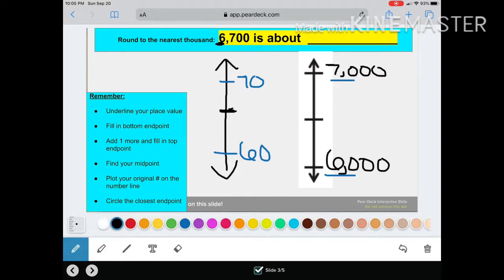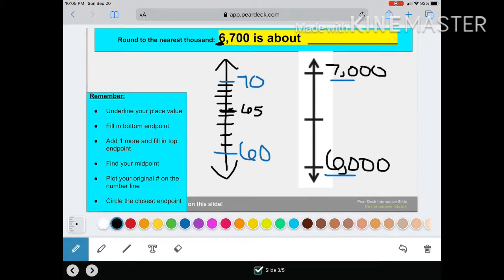If you're still not sure, let's go ahead and draw our lines and count 61, 62, 63, 64, 65, 66, 67, 68, 69. Yeah, that's right. 65 is our halfway point. It's our midpoint.